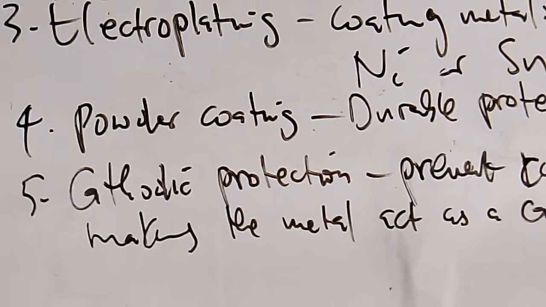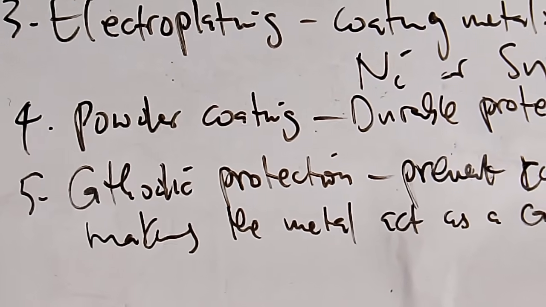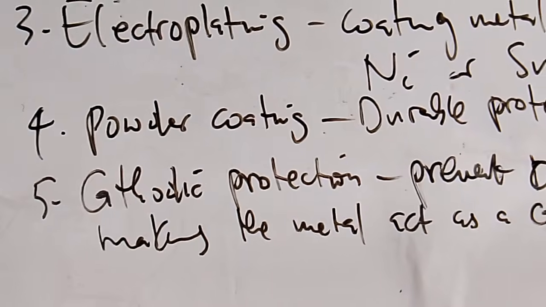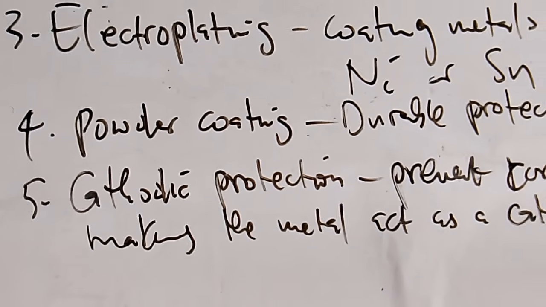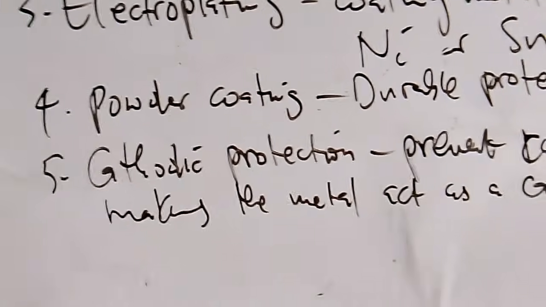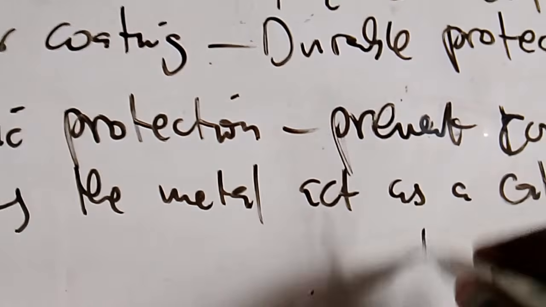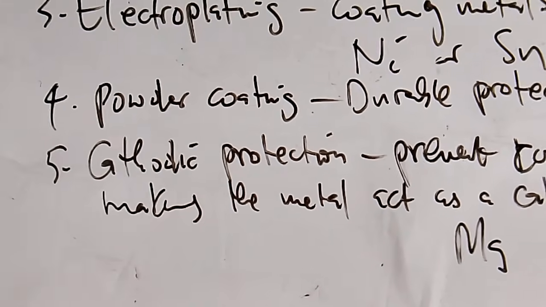Okay, so when we look at magnesium, it will give electrons much more readily than iron. When you look at the reactivity series of metals, you find that magnesium is more reactive than iron.